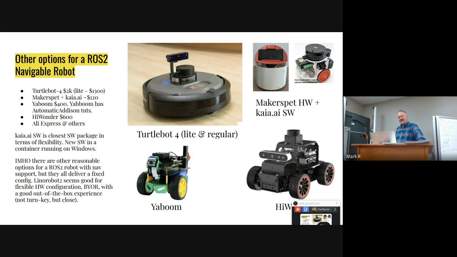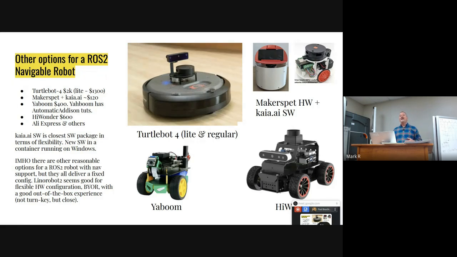Maker's Pet plus KAIA.ai is a new entry. It looks like they're just ramping up, intending to produce their first product in the first half of this year. Maker's Pet does produce that robot on the top right, and supposedly it will work with KAIA.ai, which has a very Linorobot2-like software stack.